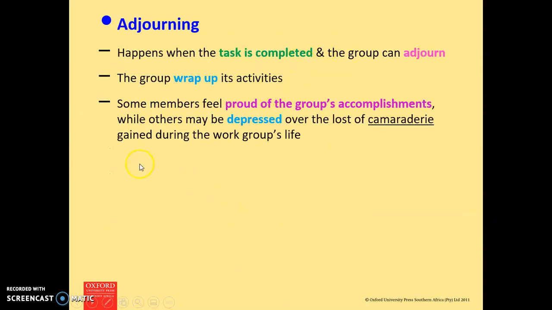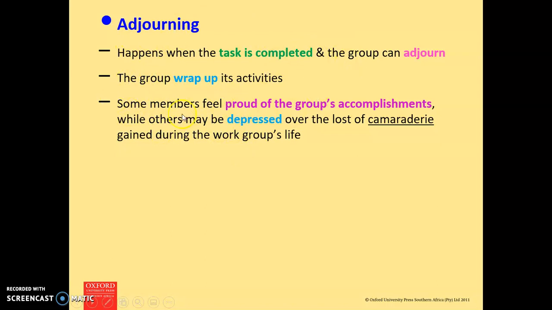So after they perform the task, after the task has been completed, the group can be dismissed or can adjourn. The group normally has to wrap up the activities and conclude whether they have successfully fulfilled the aims or the missions of why they formed the group.